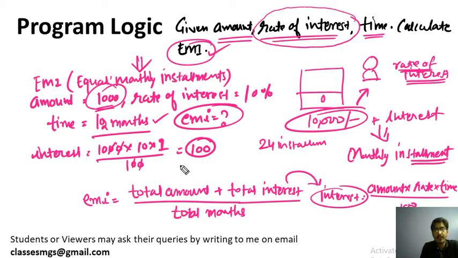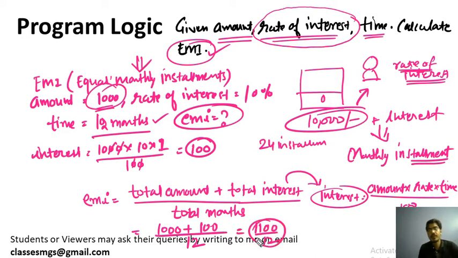So the EMI is calculated as total amount 1000 plus total interest 100, divided by 12 months. So 1100 divided by 12, whatever value you get will be the answer. Okay, so this is how you can calculate the EMI.